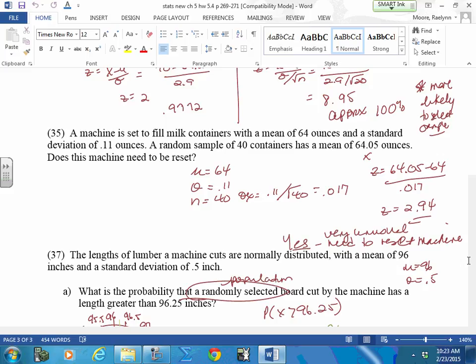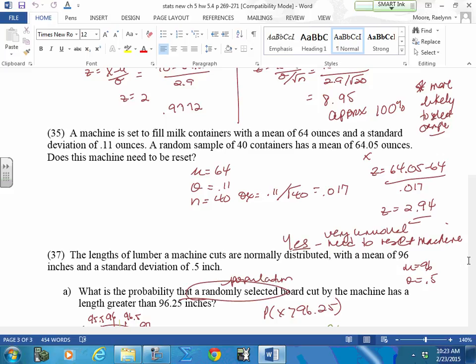Now, I randomly sampled 40 containers, because just taking one bottle, is that going to be a true representation of my entire population of all these milk bottles? No. So if I sample 40 of them and take their mean and compare their mean to what the mean and the standard deviation should be, I'll get a more realistic view.